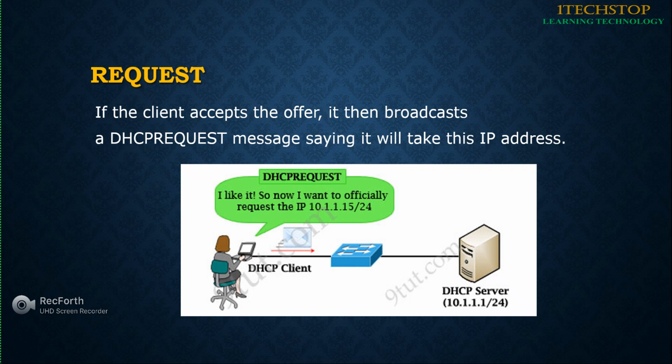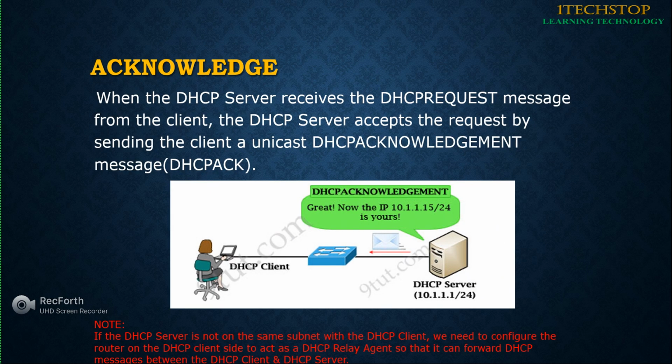This means our client machine has accepted the IP address allotted by the DHCP server, and it will send a request to the DHCP server saying, okay, I need this IP address. Then the DHCP server will acknowledge. The DHCP server accepts the request by sending the client a unicast DHCP acknowledgement message. So this is the complete DORA process that is followed during client-server communication.